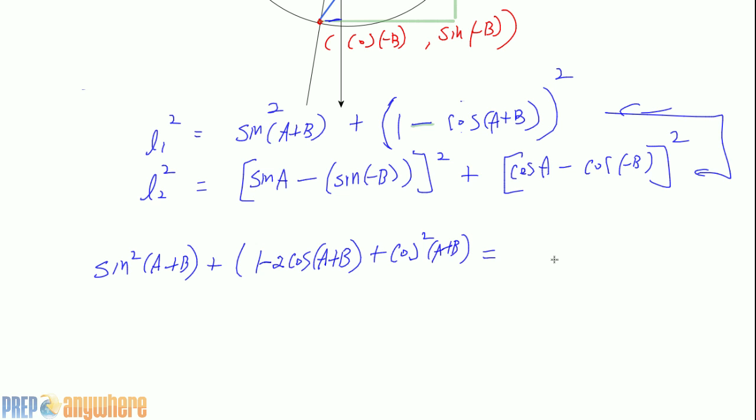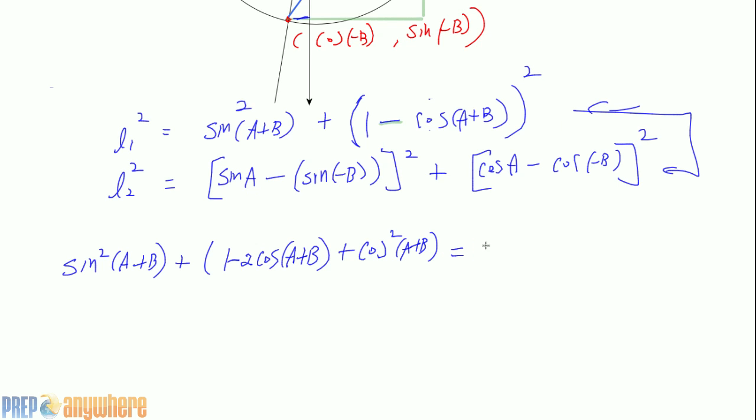Okay, here on the right side, I get a sine squared A. You know that's going to be a minus of B, so minus of sine B. So it's just going to turn into plus.